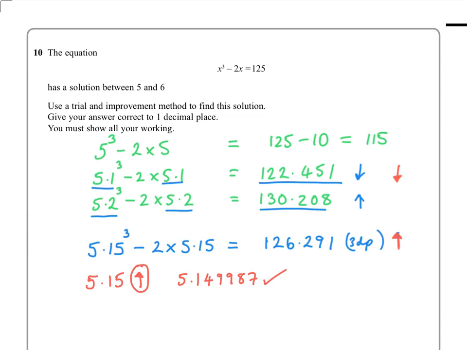So if you think about it, to 1 decimal place, 5.15 rounds to 5.2, but this was too much. So we'd have to go slightly less than that, and as soon as this number drops below 5.15, then to 1 decimal place it would have to round to 5.1, and so to 1 decimal place I would clearly say 5.1 for that reason.